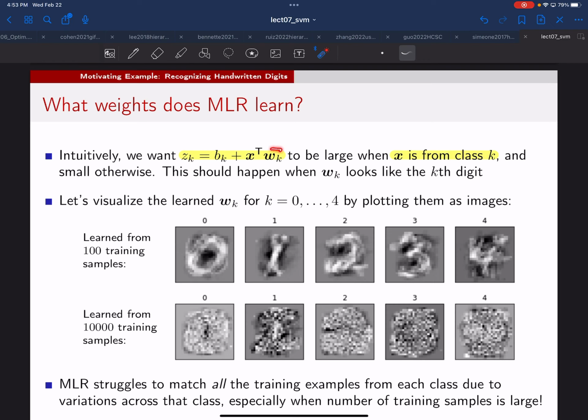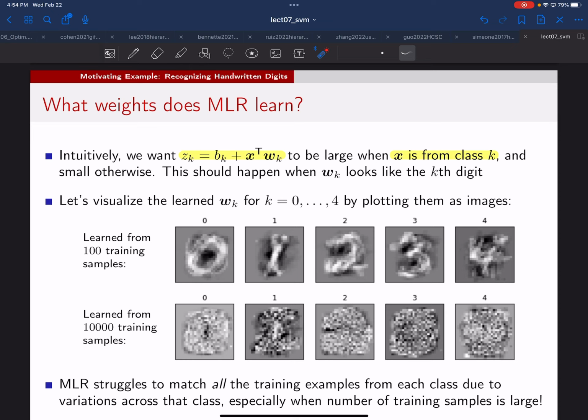For any X in class K, you want this weight vector to cause Z_K to be large, right? So if that's your goal, how could you create a weight vector such that for any X from class K, this thing is large? You just make the weight vector itself look like an image from class K. Because then the inner product is maximized, right? When they match, they're pointing in the same direction. So that's essentially what happens.